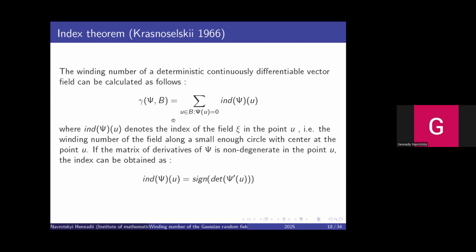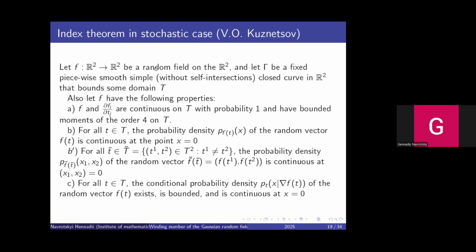So next, there is how to apply the index theorem in our case, which is how to find the expectation of the winding number and the second moment, which is the dispersion of the winding number.